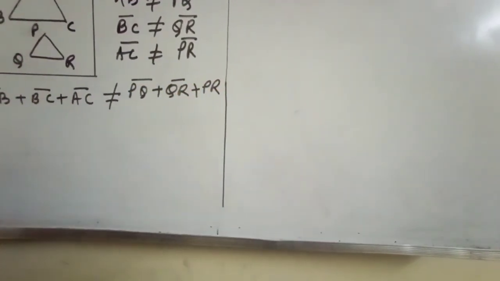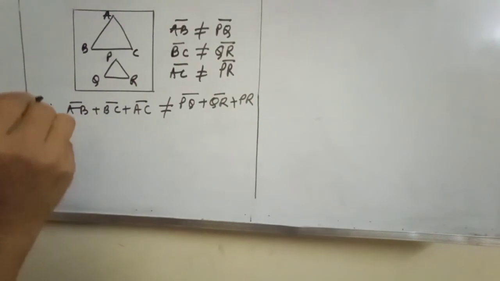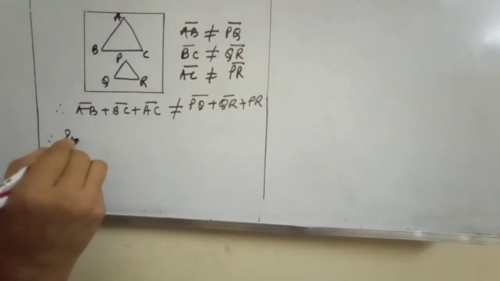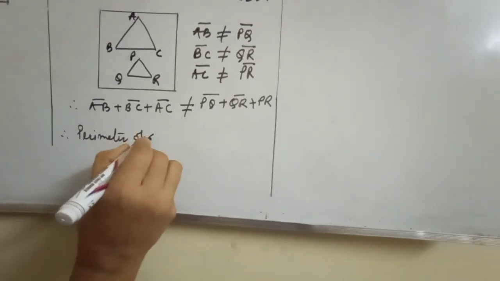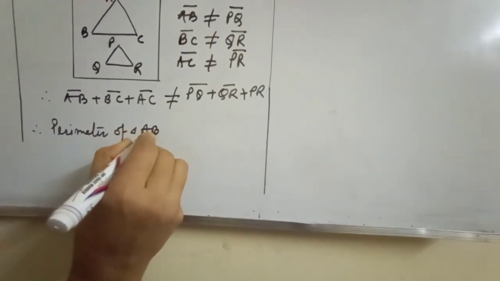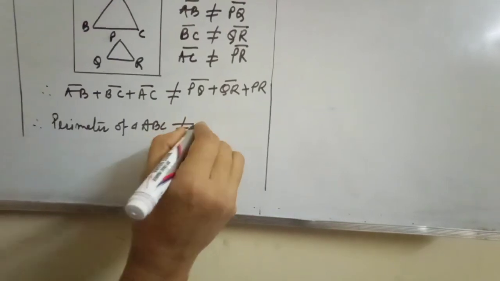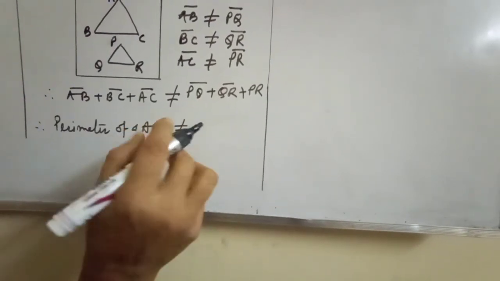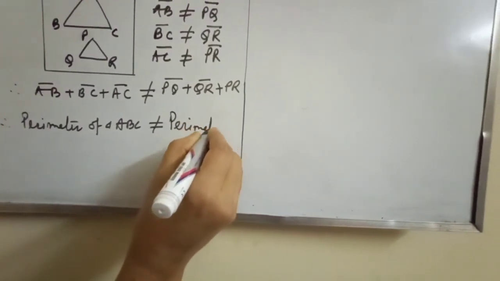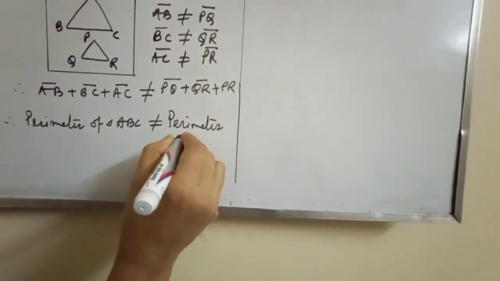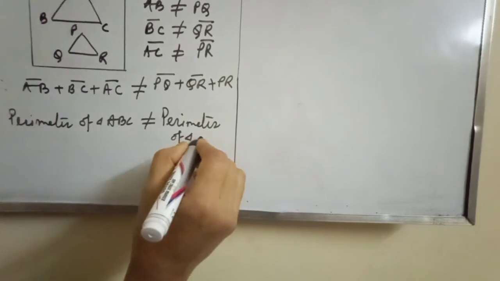That means the perimeter of triangle ABC, in this case, is not equal to the perimeter of triangle PQR.